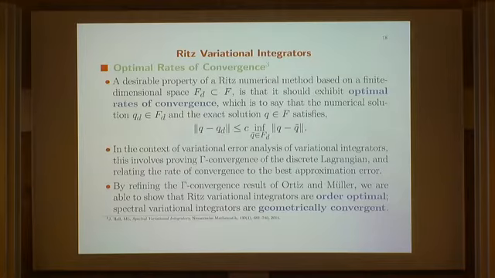That's what's called the best approximation error. You want the error of your numerical solution to be bounded by some multiple of this best approximation error. If you can do that, then you're in business, because that translates the problem of constructing good approximations to an approximation theoretic question, where now you just have to find good approximation spaces.